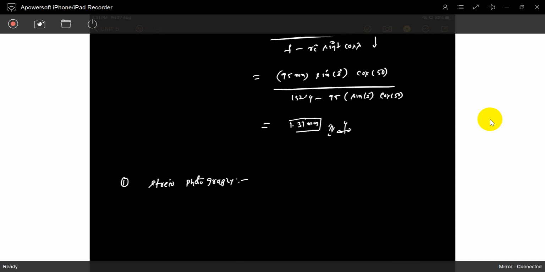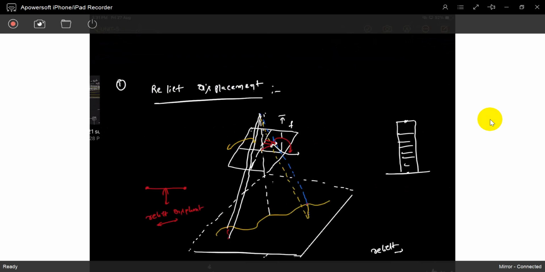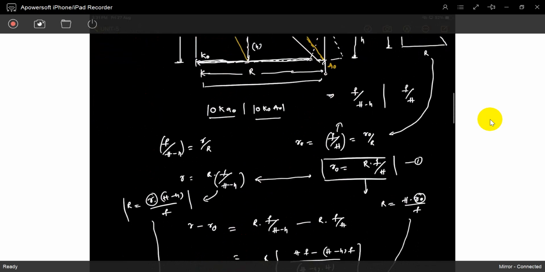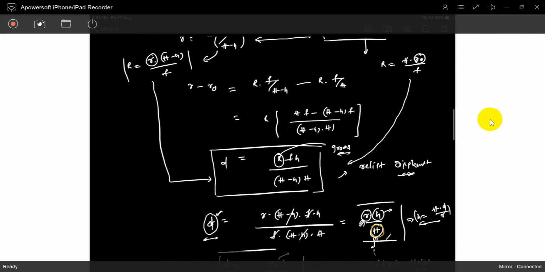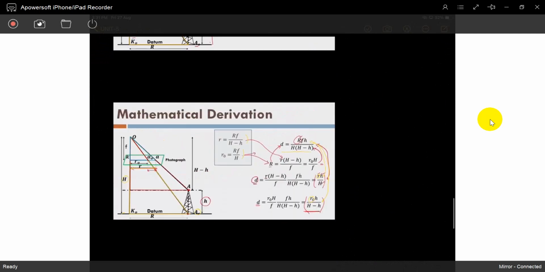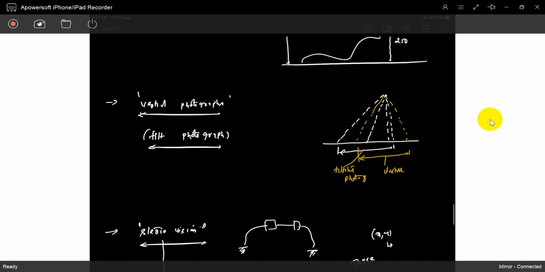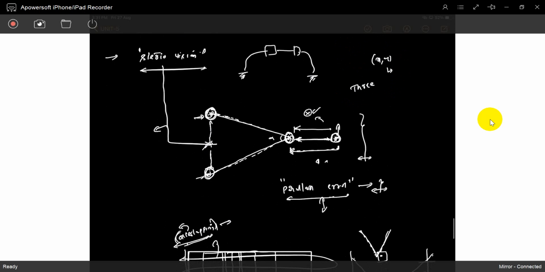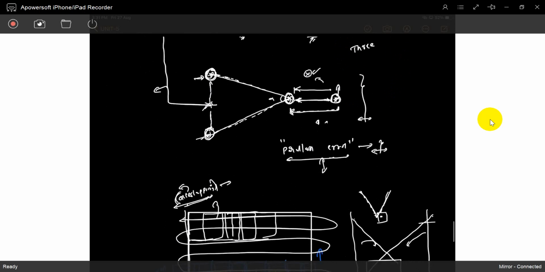Remember what we discussed about stereo photography, where we discussed stereo vision extensively.